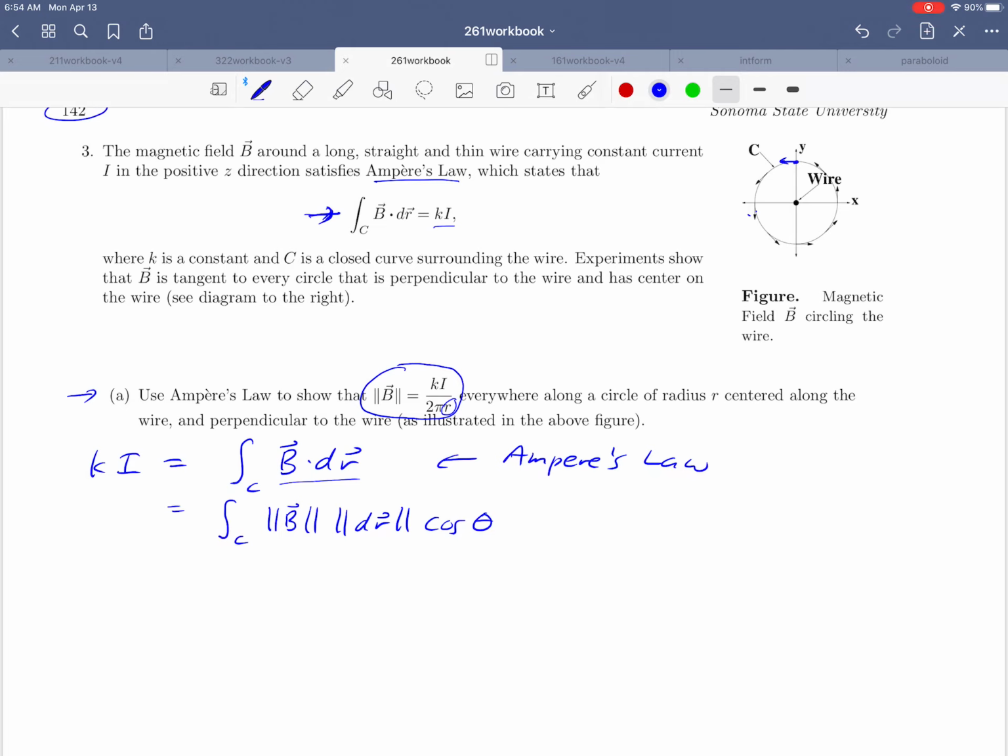It's like a displacement vector saying if you were an ant on this circle and you wanted to walk counterclockwise around it, the first step that you would take would move you exactly in the direction that the magnetic field goes. So the observation is that the B and the dr that we see here are actually parallel, which means that this angle between them has to be 0 degrees.